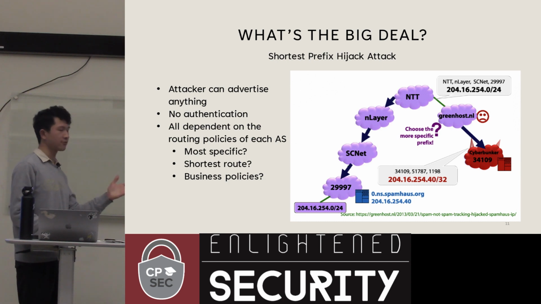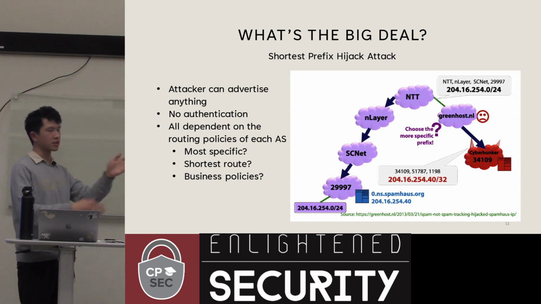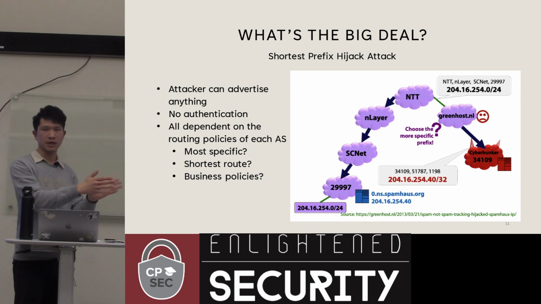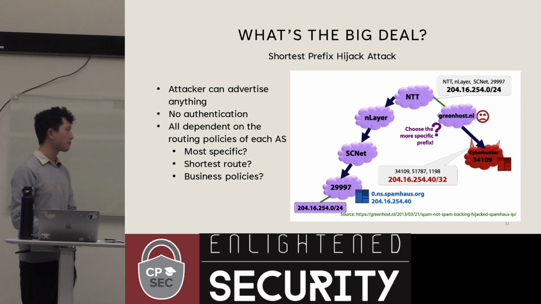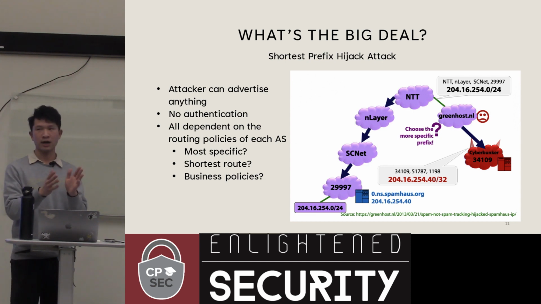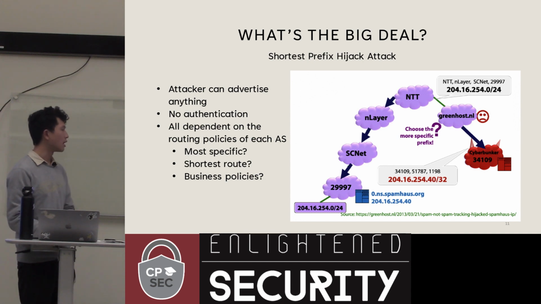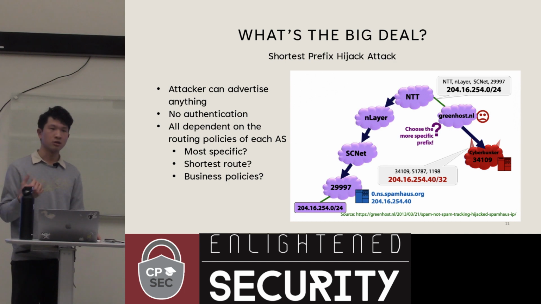So a /24 is a smaller space, but a more exact space than maybe a /20, which has more room to play with. So the /24 address space is more specific in that sense. One often used routing policy is to say, if one of my neighbors knows a route to a very specific subspace that I want to go to, I'm going to take that route.